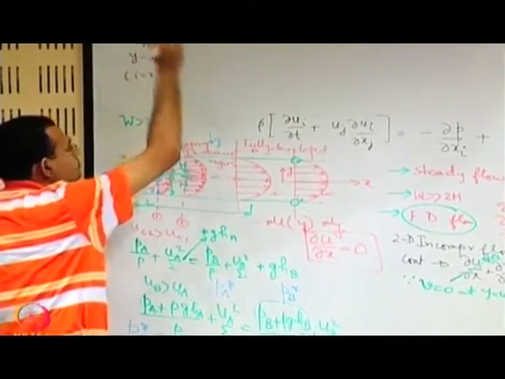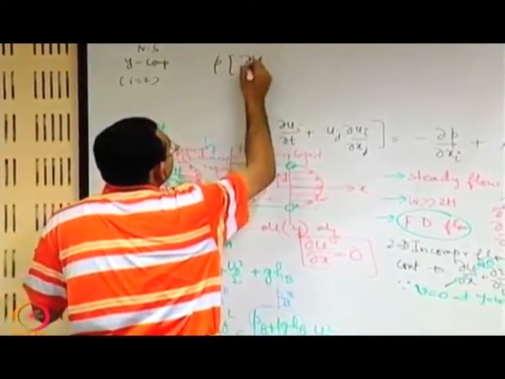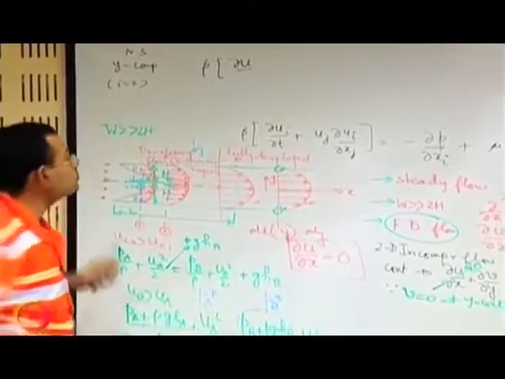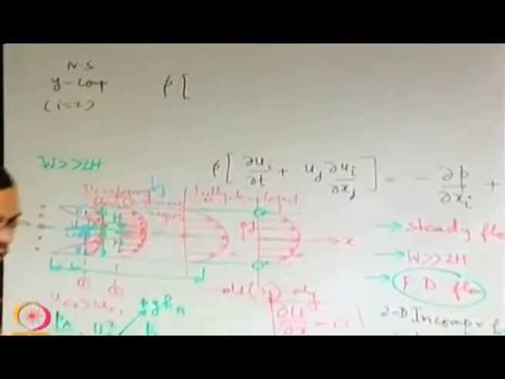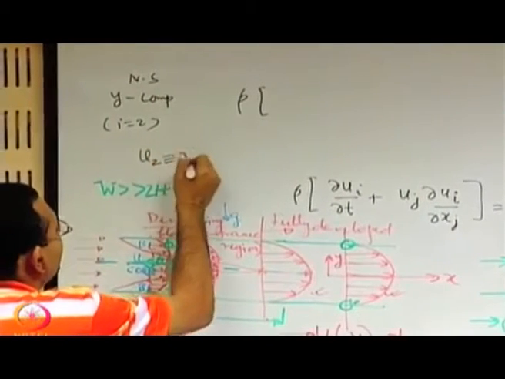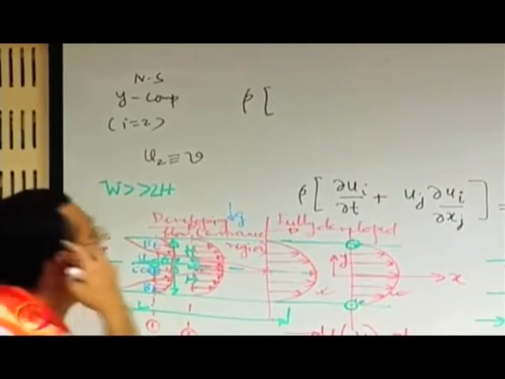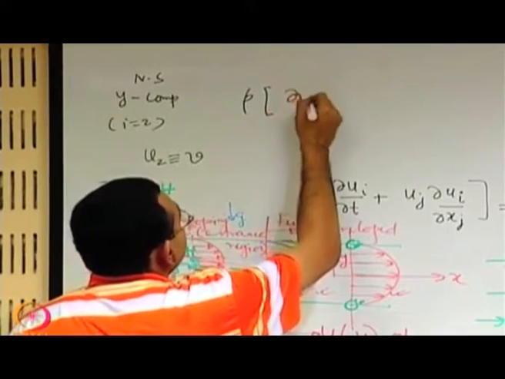Navier-Stokes equation. So, you have rho, and u2 is the velocity component along x2, which we give an identical name as v. u, v, w are the velocity components which we use as simple notations.